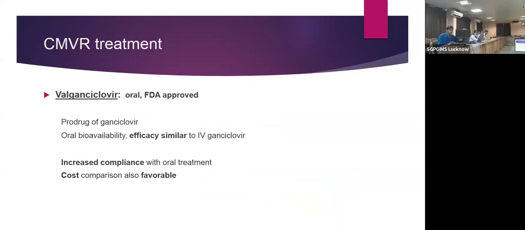Valganciclovir is the prodrug of ganciclovir, and it can be given through the oral route. The compliance is very good, and in our experience at this center, side effects are not as common as with intravenous ganciclovir. When valganciclovir is started, patients also look comfortable on visits. The reason I don't know.